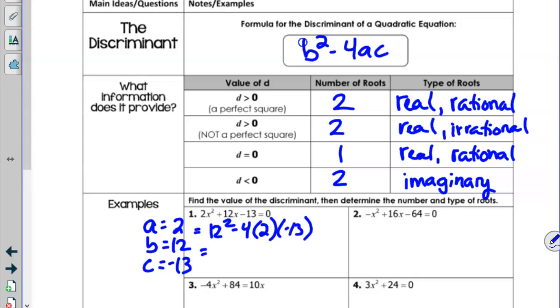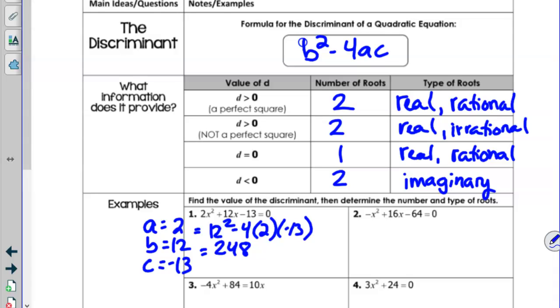And what do we get? Right. That is not the answer, that's just the discriminant value. And that tells you how many solutions and what type.